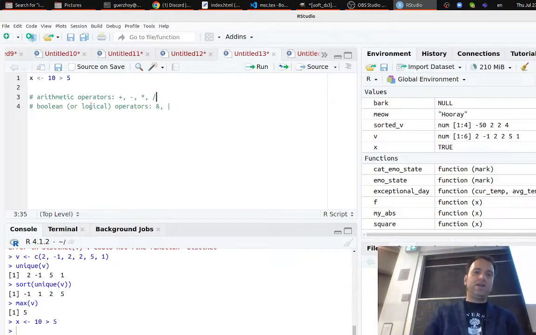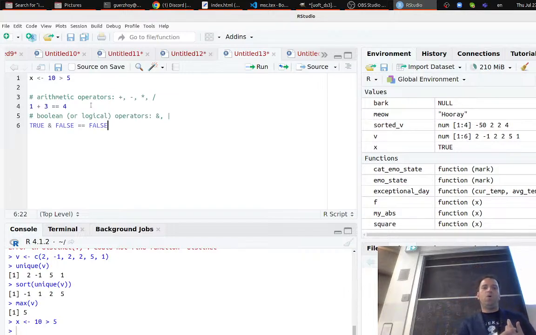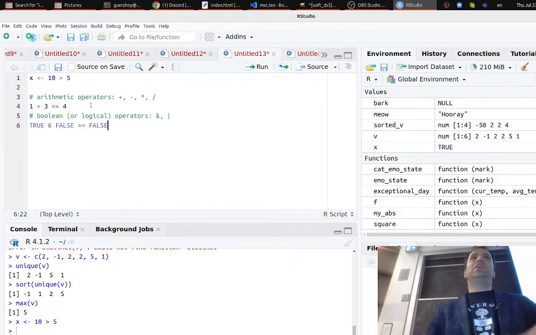In the same way that you can say 1 plus 3 is 4, you can say that true and false is false. It works kind of like English. If I say I'll get a 98 in ESC 180 and I'll get 100 in Physics 180, if one of those is false, then the whole thing is false. Right?